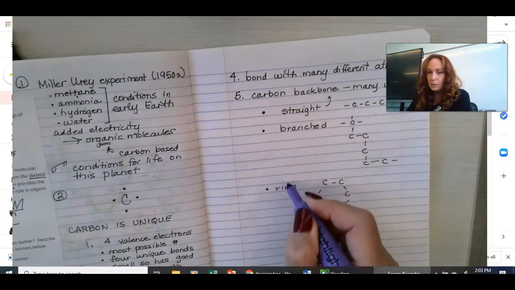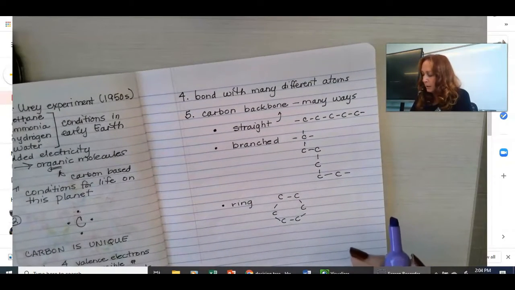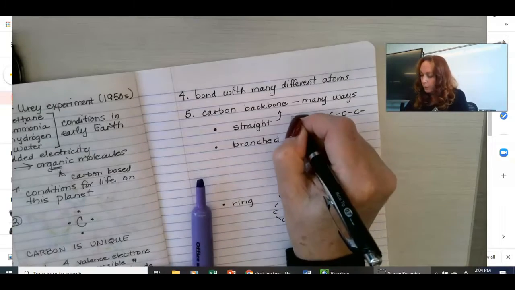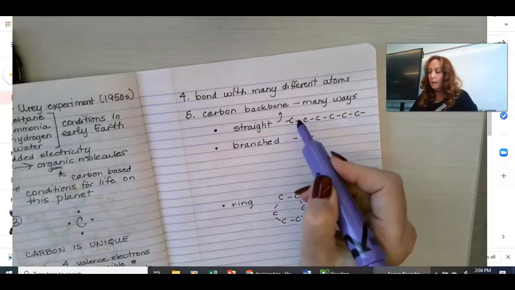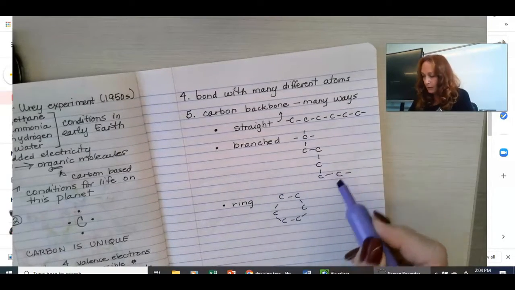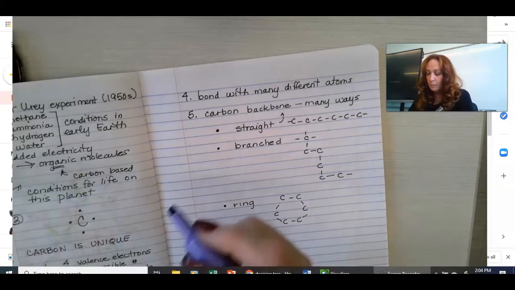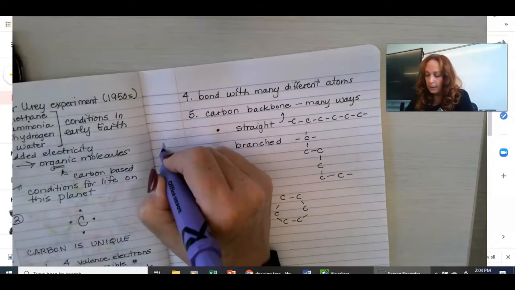The difference between these, how many carbons did I do? Okay, so let's just put one more here. Okay, there's 6 carbons, there's 6 carbons, there's 6 carbons. These molecules do not behave in the same way because, here's the key.